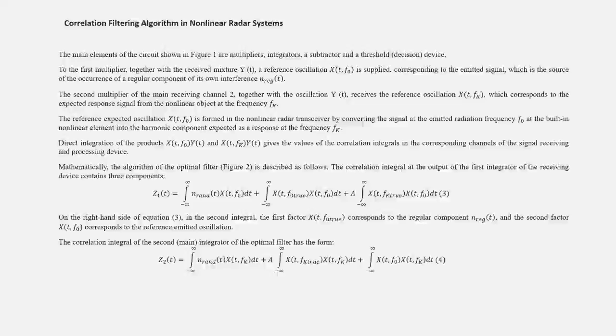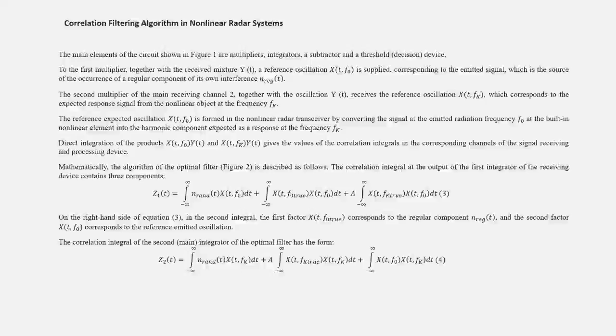Mathematically, the algorithm of the optimal filter in figure 2 is described as follows. The correlation integral at the output of the first integrator of the receiving device contains three components. On the right-hand side of equation 3, in the second integral, the first factor x(t, f0) corresponds to the regular component, and the second factor corresponds to the reference emitted oscillation.